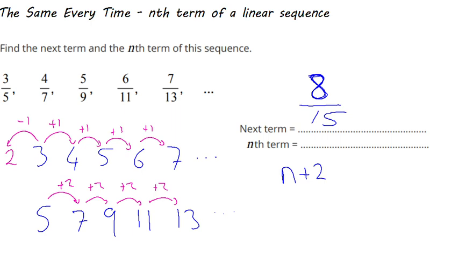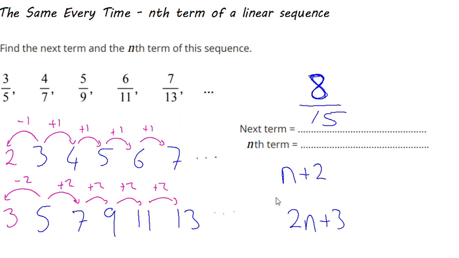So I need to write down in my nth term formula 2n. Always difference times n, in this case 2 times n, and then I just go backwards like that. So instead of adding a 2 moving to the right, I subtract a 2 moving to the left, and that takes me to 3. That's a positive 3, so plus 3 like that.